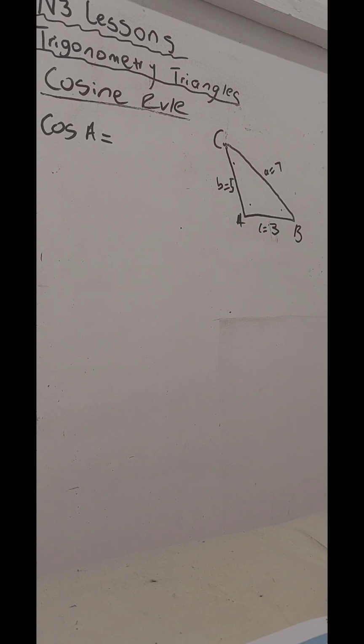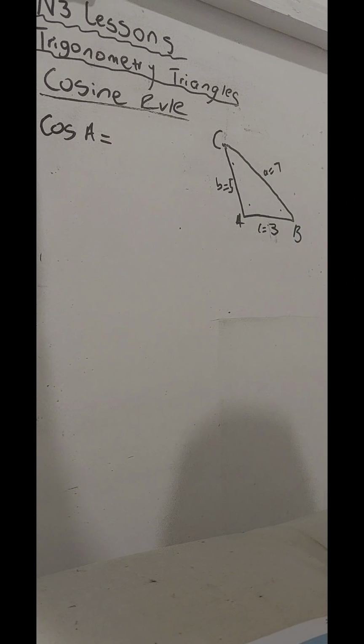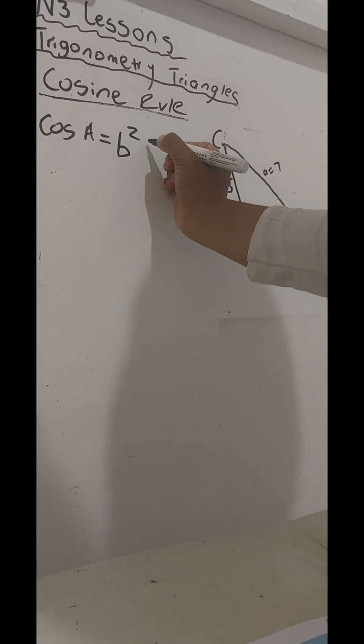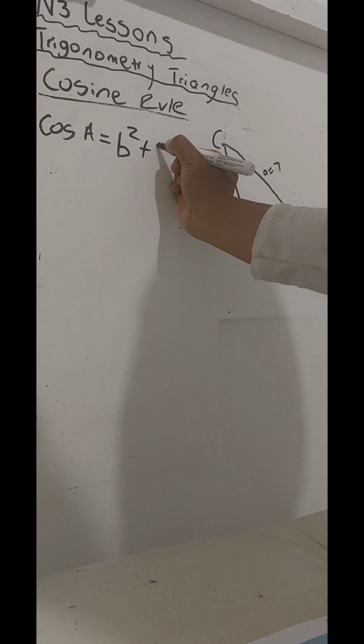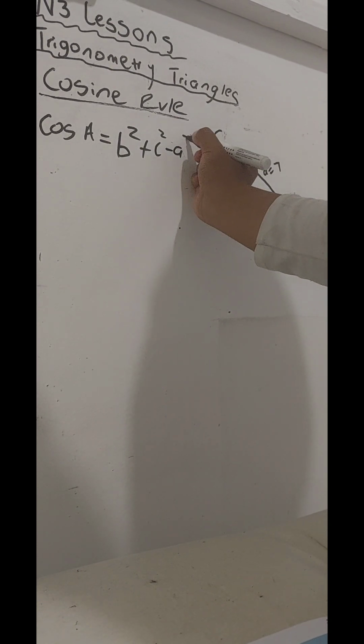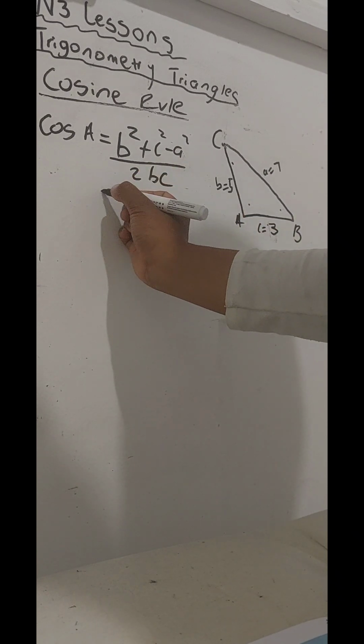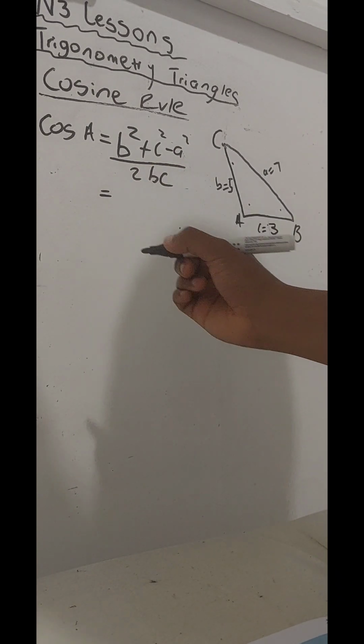Since we solve for A and we have all three sides, it's easy to solve. So cos A is B squared plus C squared minus A squared over 2BC, and we substitute everything.